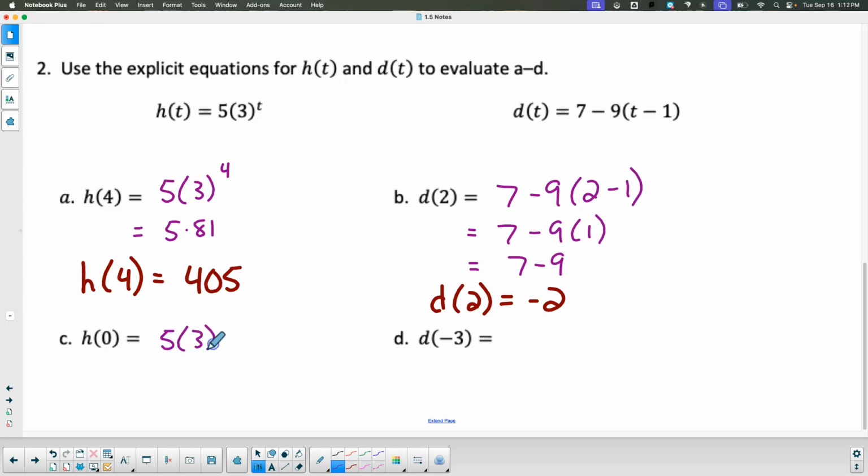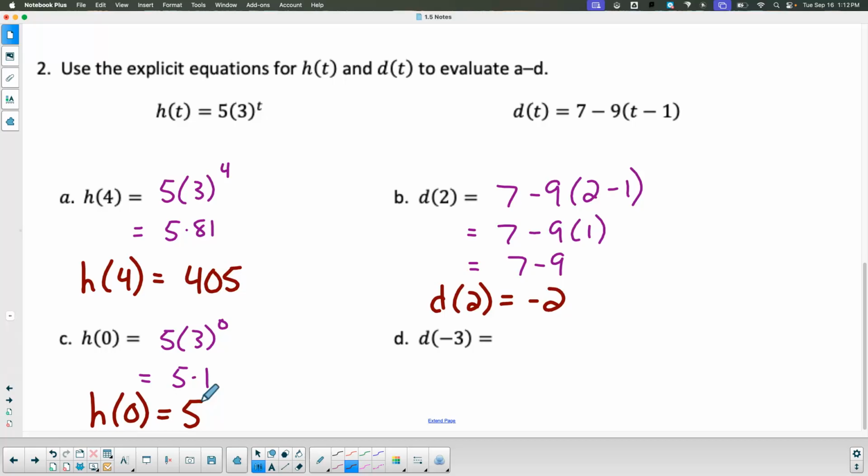5 times 3 to the 0 power. Anything to the 0 power is 1, so that's 5 times 1. So h of 0 is equal to 5. Okay.